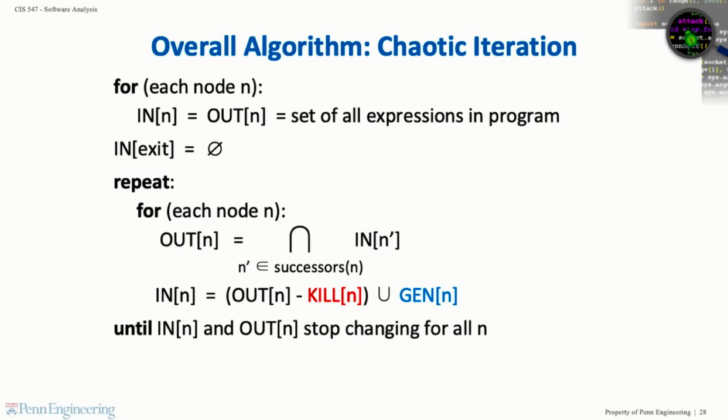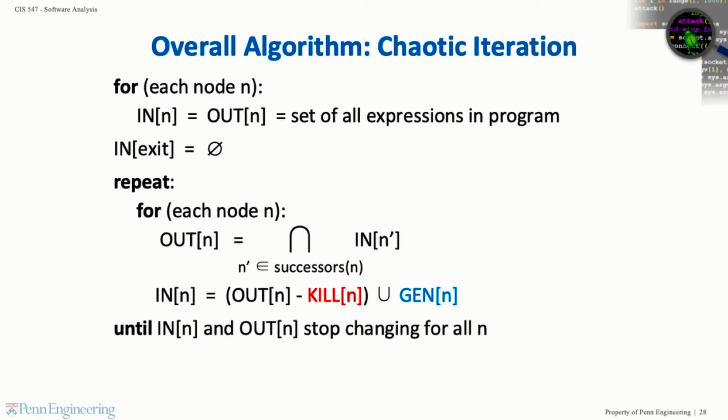Notice that the roles of in and out sets in these two operations are switched, reflecting the fact that very busy expressions analysis propagates information backwards in a control flow graph, in contrast to reaching definitions analysis, which propagates information forward. Moreover, we take the intersection of sets as opposed to their union, which causes the in and out sets of very busy expressions to shrink as the algorithm progresses.